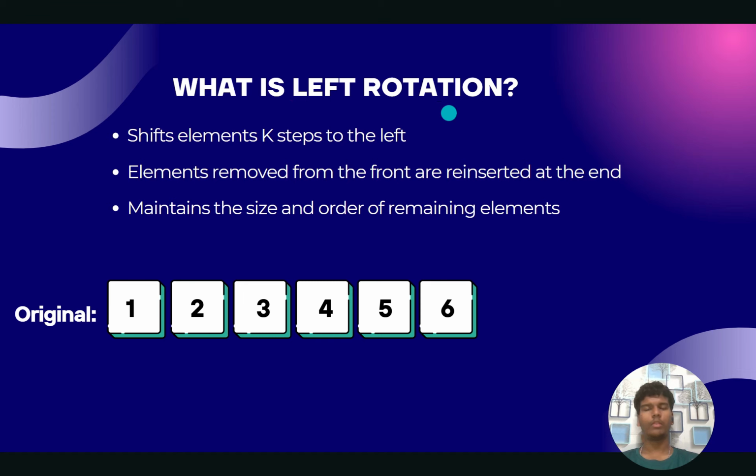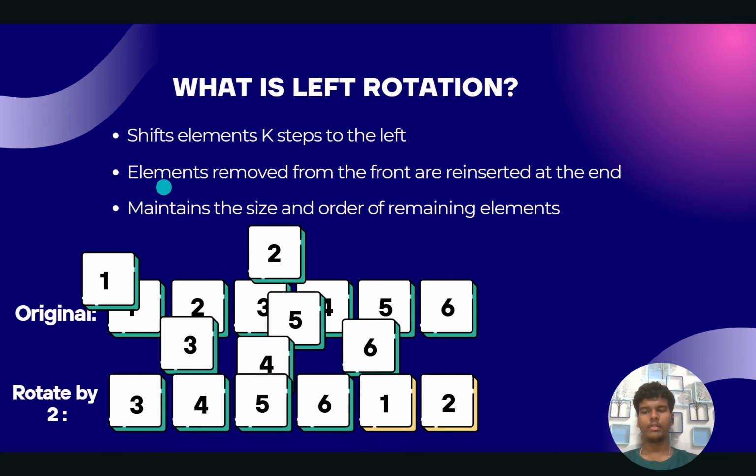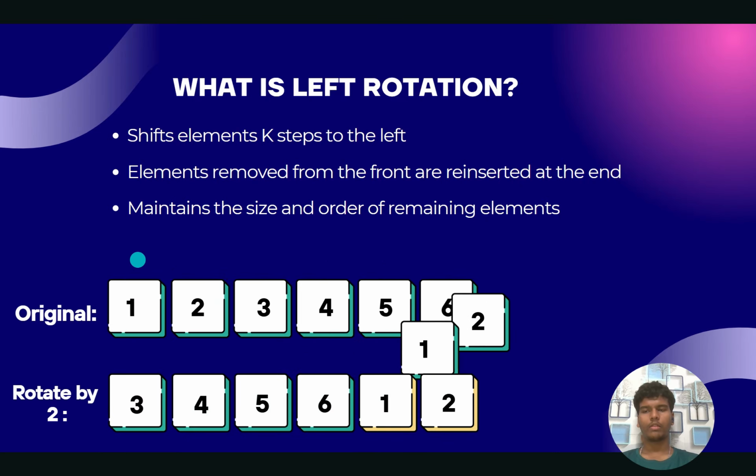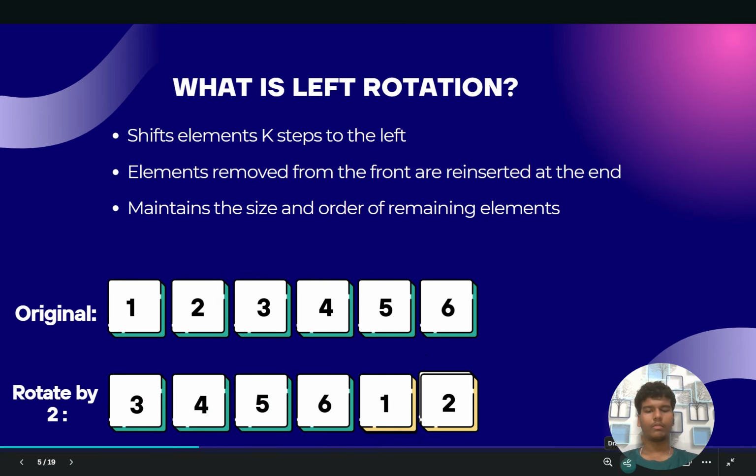So in left rotation we shift elements k steps to the left side, and elements removed from the front are reinserted at the end, maintaining the size and order of remaining elements like this. So we have taken the value of k here as 2.